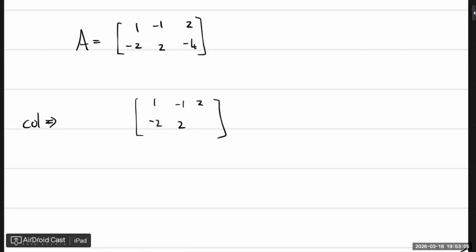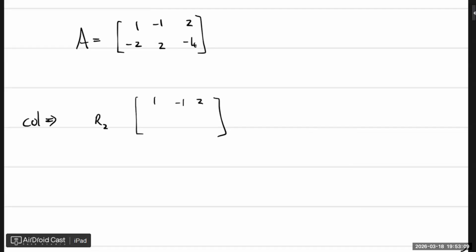row reduce the whole thing. Row 2 plus twice row 1 will be 0, 0, 0. So how many pivot columns do I have? Isn't it just this one? You see, just that one.